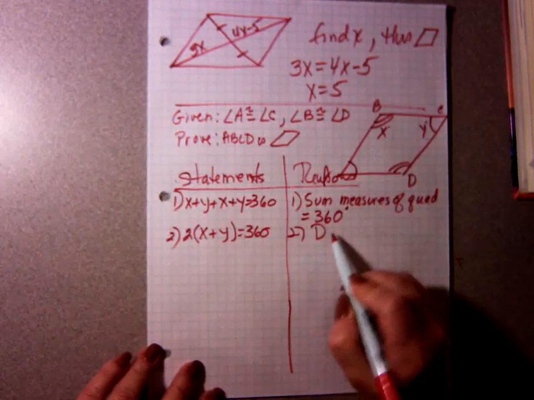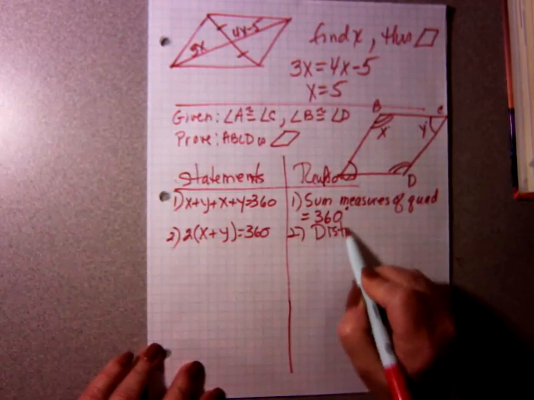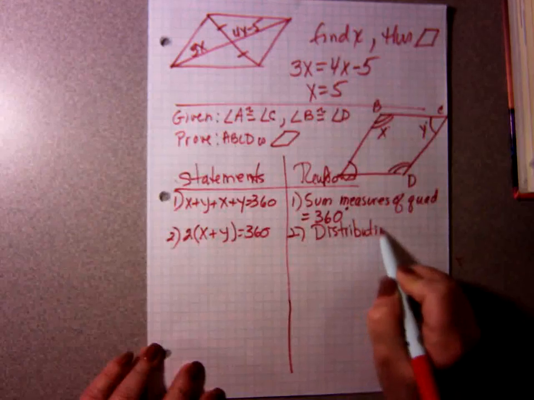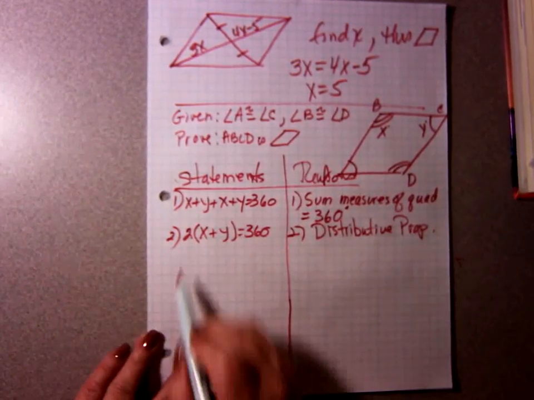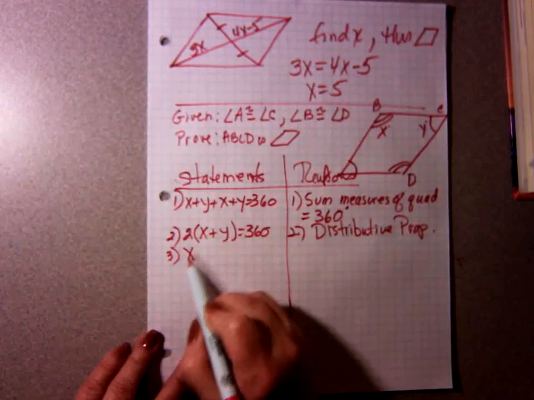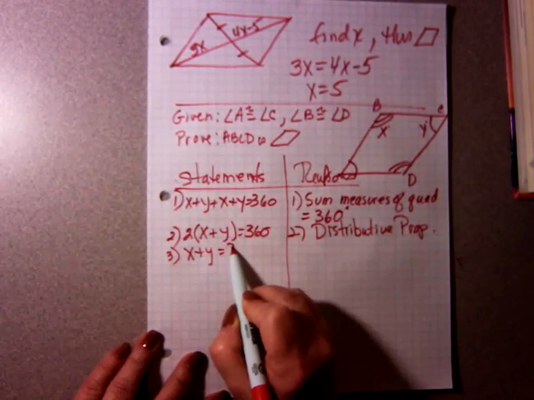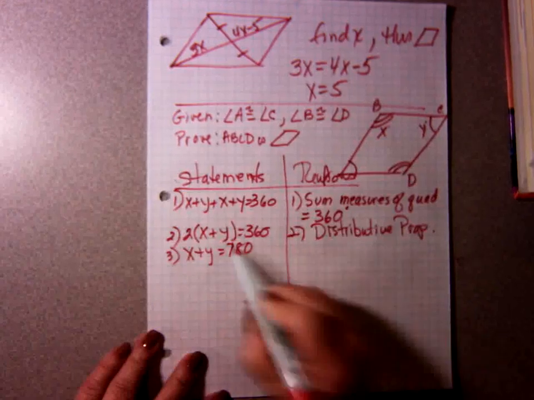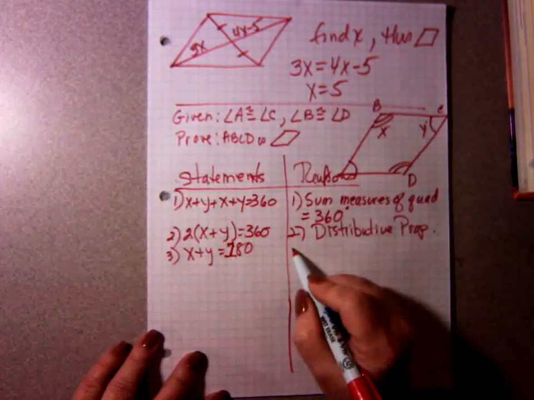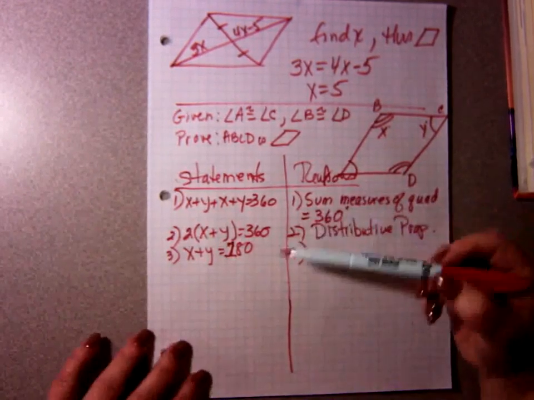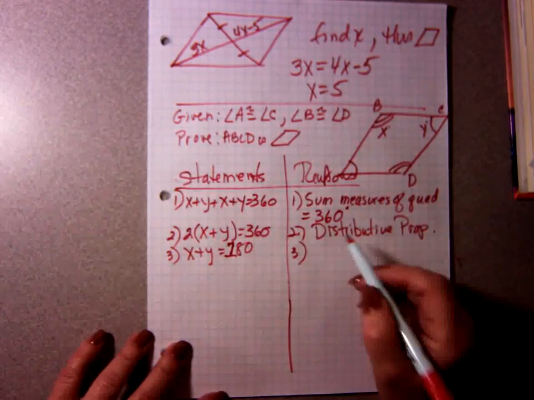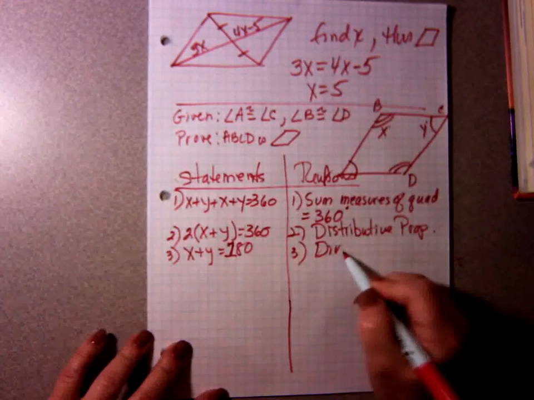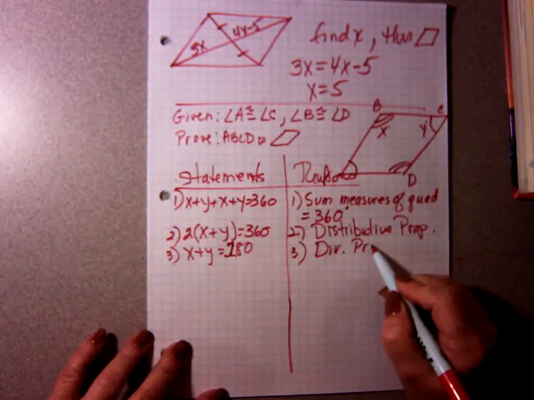It's the distributive property. What allowed me to go from step 2 to 3? The division property.